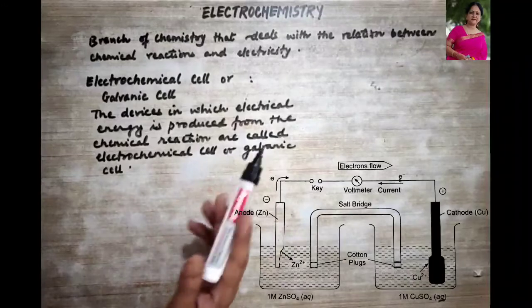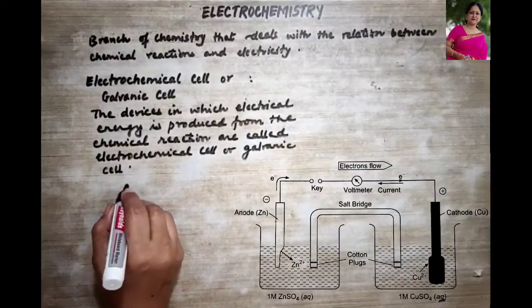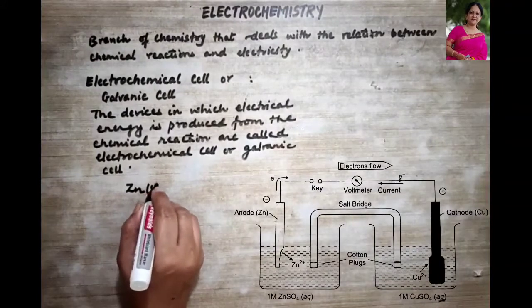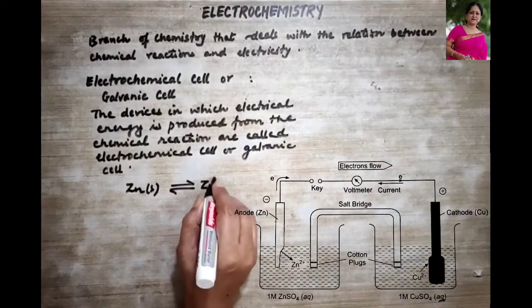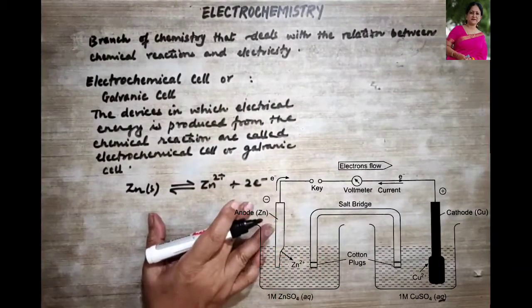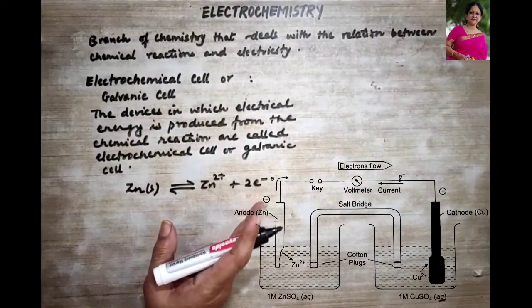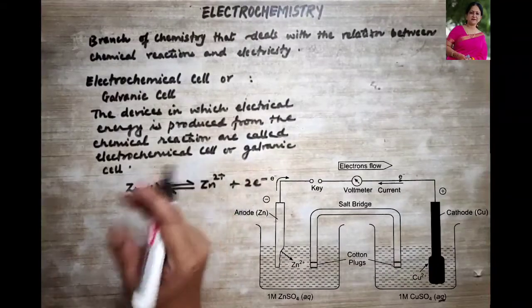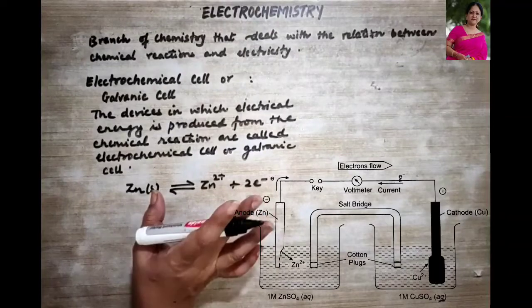So the oxidation half cell reaction: the zinc, which is in its solid state, is going to give out zinc ions by losing two electrons, right? Now the electrons that are liberated move along the external connection to the other electrode. This results in the generation of current.